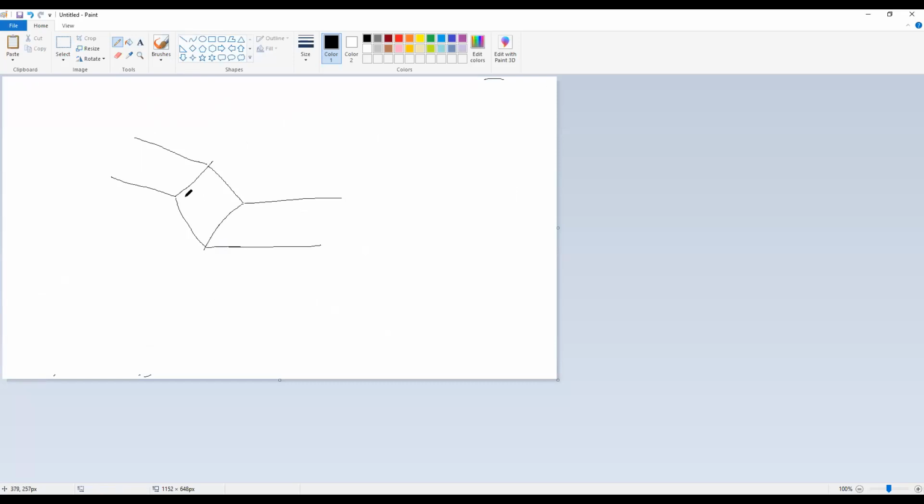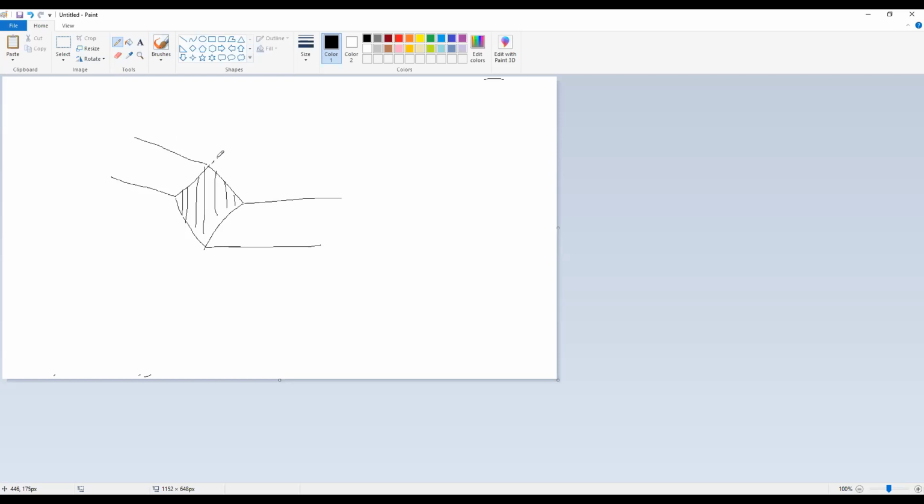This is a plane. Now this plane has an orientation.